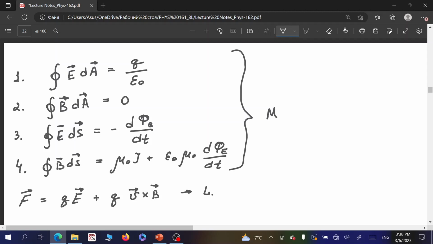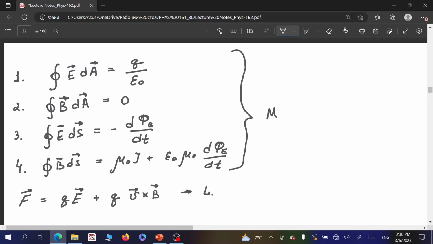Then the fourth equation is the Ampere's Maxwell law, which tells us that, nevertheless, we don't have magnetic charges, we still have two types of sources of magnetic field. One is conductivity current, another is time-varying electric field.